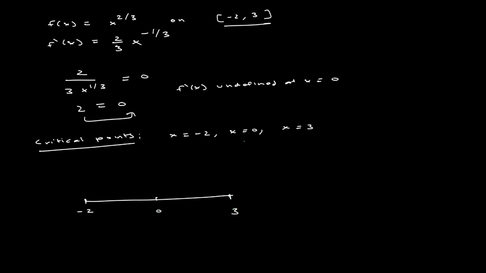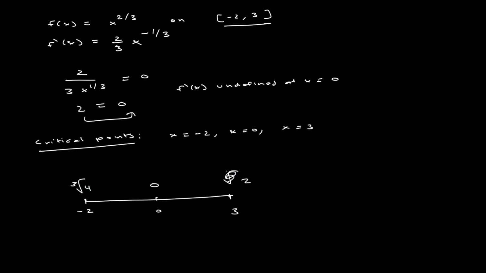We have to find f of x in these cases. So f of -2 is, at -2, the value of f of x is the cube root of 4. At 0, the value is 0, and then the value at 3 is simply the cube root of 8, which is equal to 2, right?